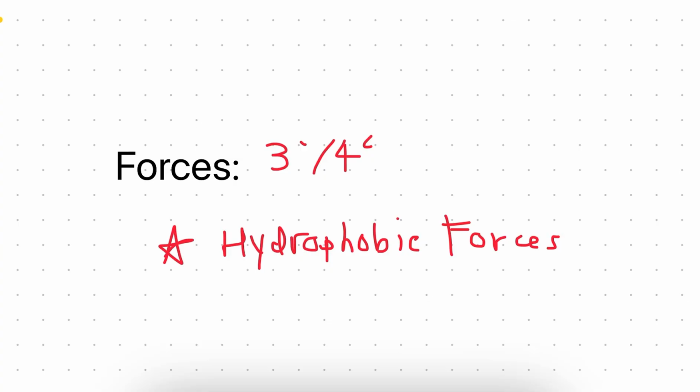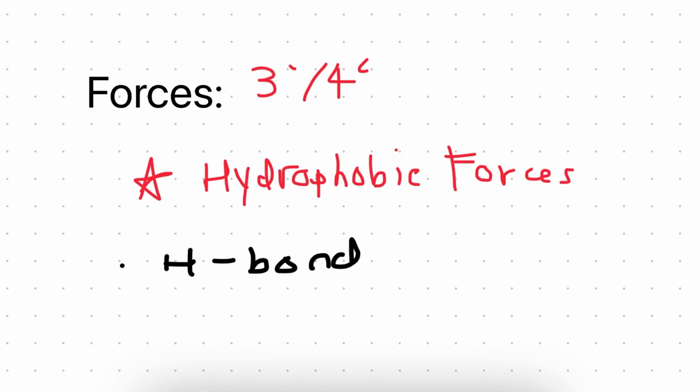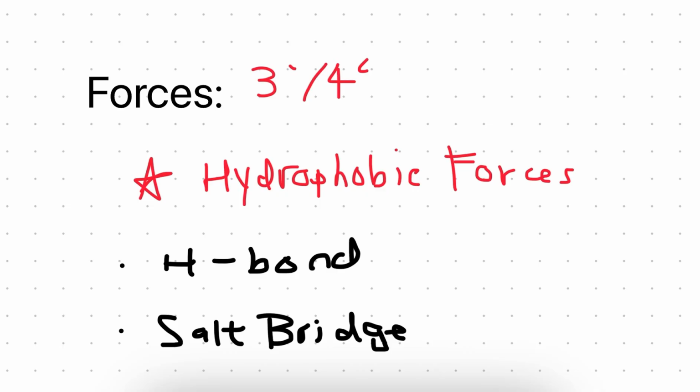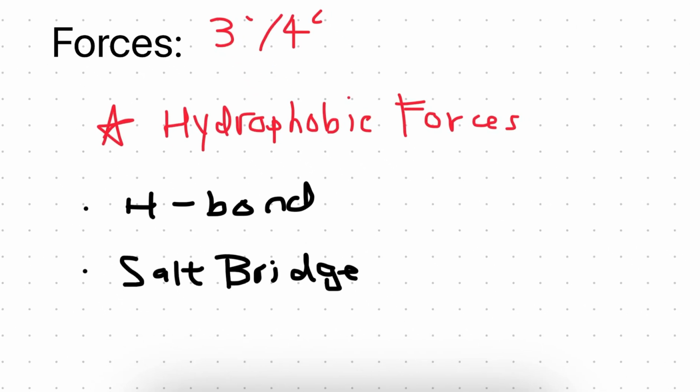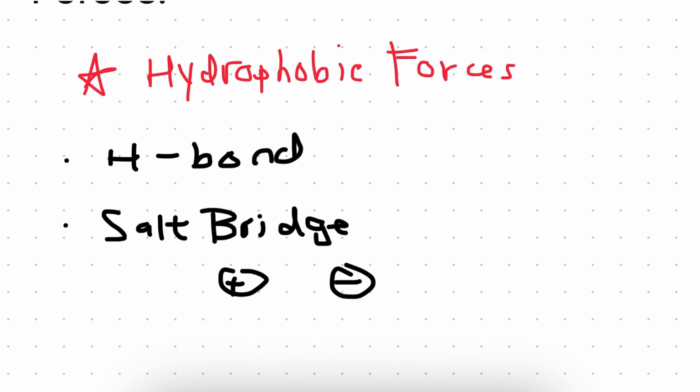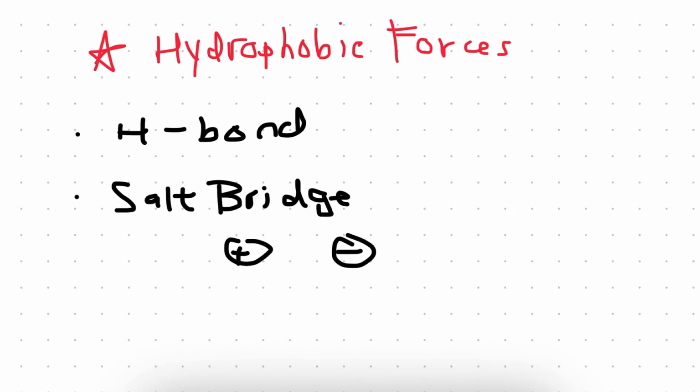There are other minor stabilizing forces, such as hydrogen bond between the side chains or the backbone, salt bridge, also called ion pairs, which is a non-covalent electrostatic force between positive and negative groups. So this is pH dependent.